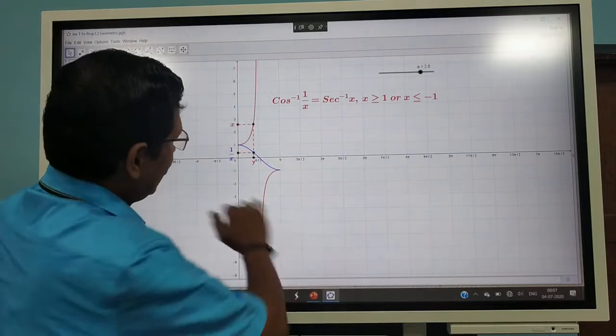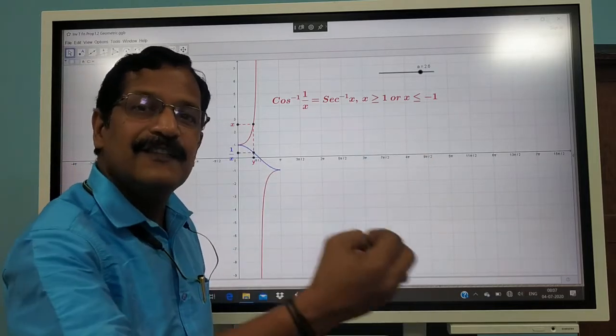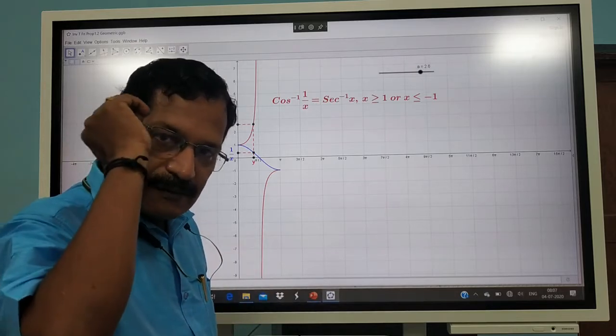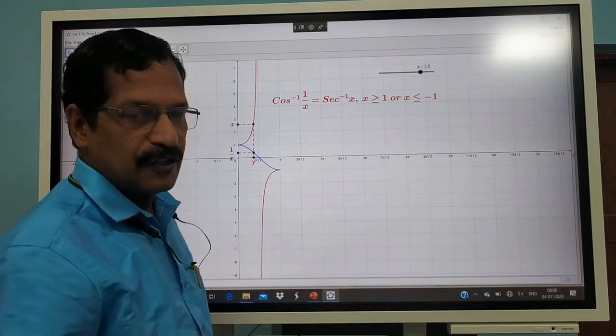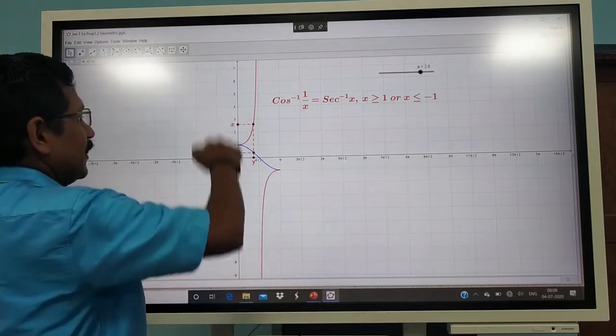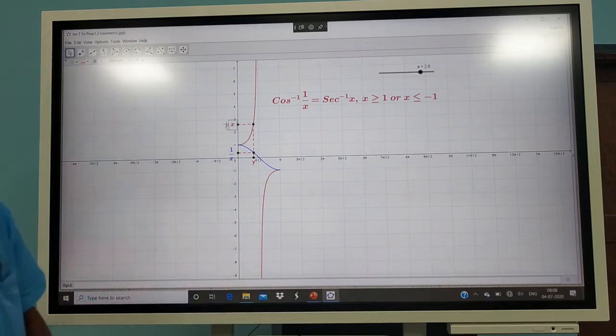In the previous case, I took the x value on the x-axis because I directly took the inverse trigonometrical graphs. Here I have taken the trigonometrical graphs, not the inverse trigonometrical graphs. So here I am taking the x value on my axis. This is x. I shall zoom in here.